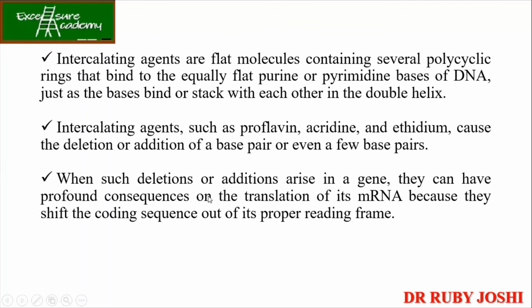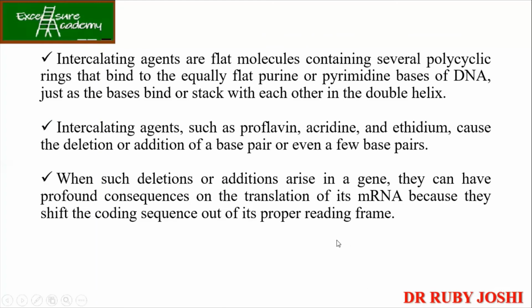Now, when these additions and deletions are happening, it is going to change the translation of the mRNA, because the coding sequence, if you remember what is open reading frame, it is going to shift. Because of this shift, the amino acid sequence is going to vary. Sometimes it is going to become a truncated sequence. When you say truncated, what does it mean?